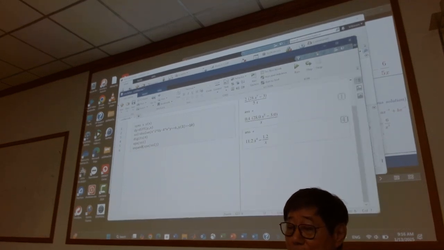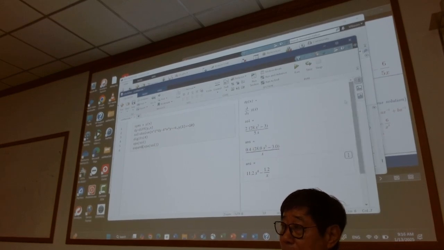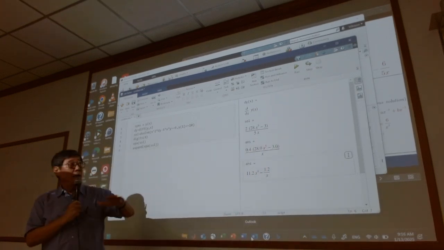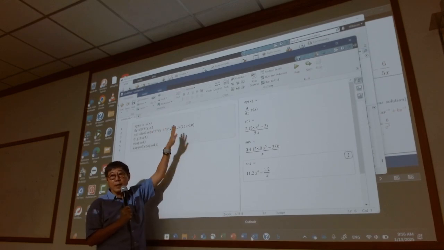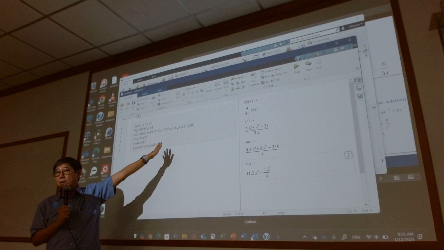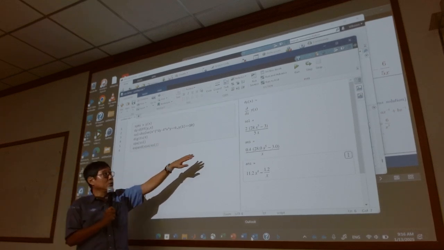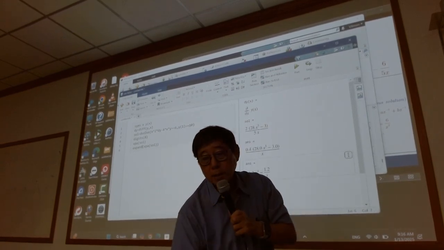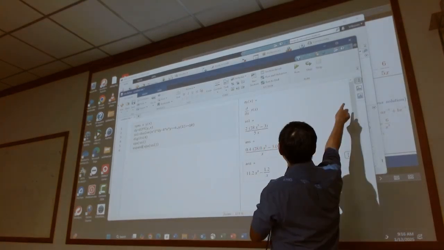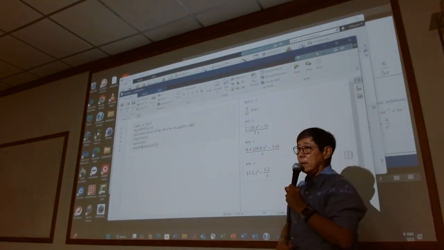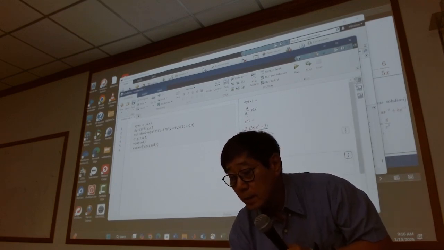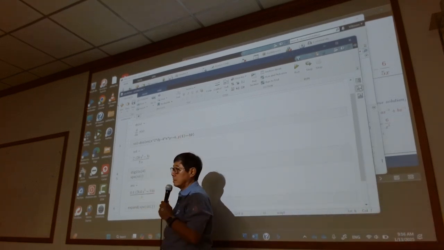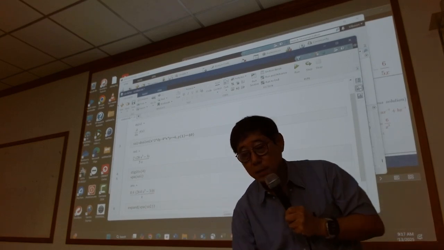You look at this one, they split into two windows, input and output, right? If you want to show it in one single window, you do like this. You check the second option. Okay, you put this command, you get this one.